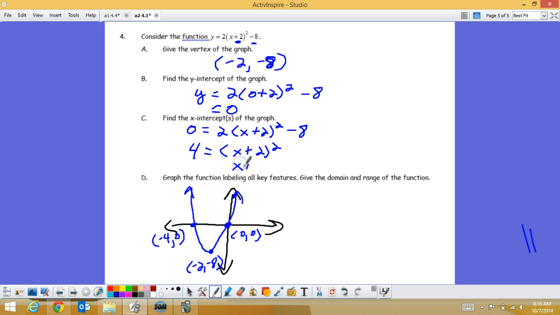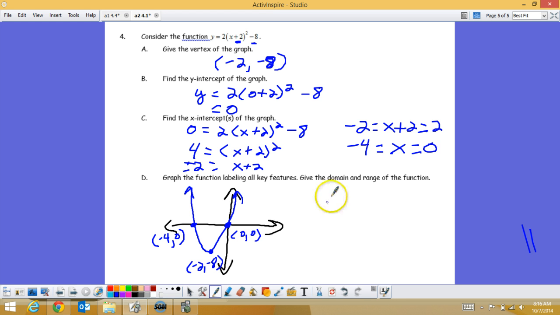So then x plus 2 would be equal to the square roots of 4, plus or minus 2. So that means x plus 2 is either equal to 2 or -2. And we would subtract 2 to solve for x. And that's how we get the -4 and the 0.